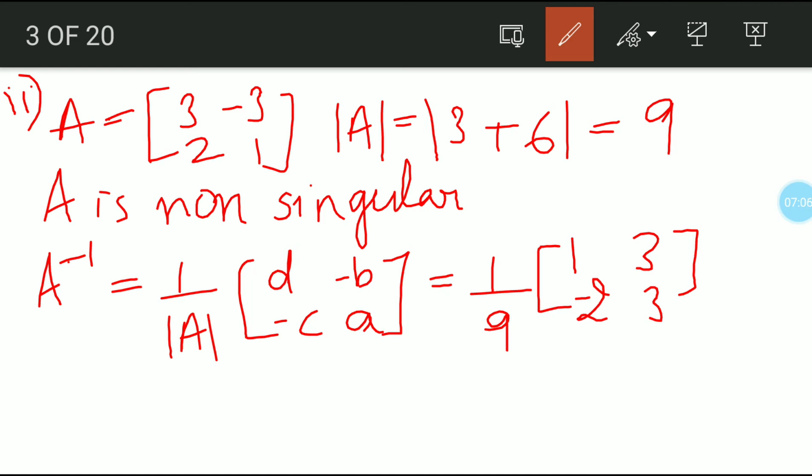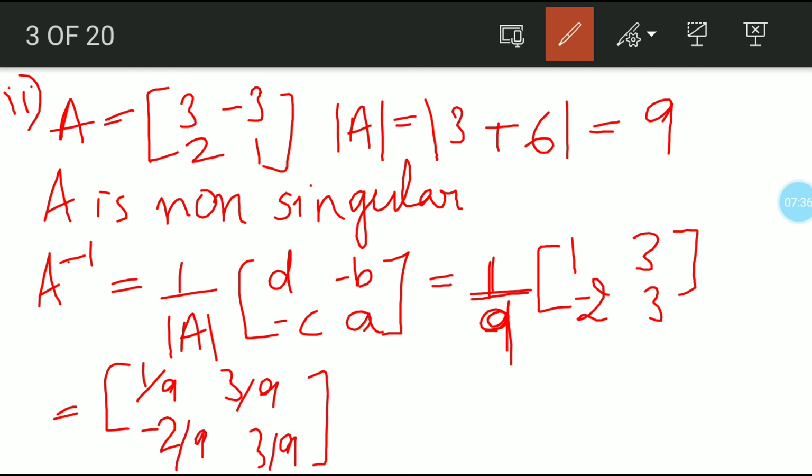So we have this 1 by 9. We are going to multiply it with each and every number over there, like 1 into 1 by 9. So it's going to be 1 by 9, 3 by 9, minus 2 by 9, 3 by 9, right? So let's write that here. 1 by 9, 3 by 9, minus 2 by 9, 3 by 9.